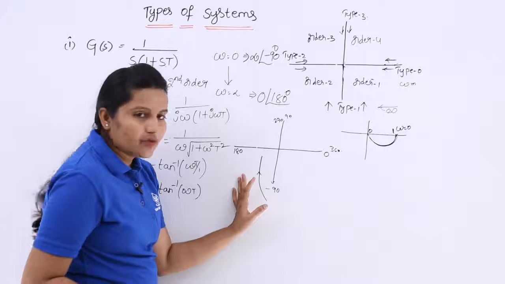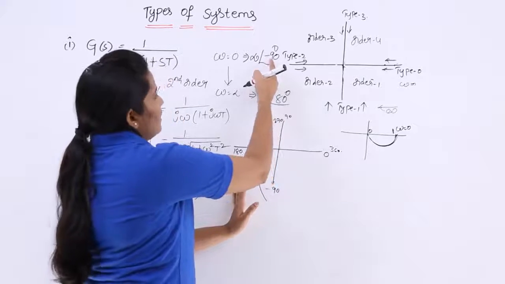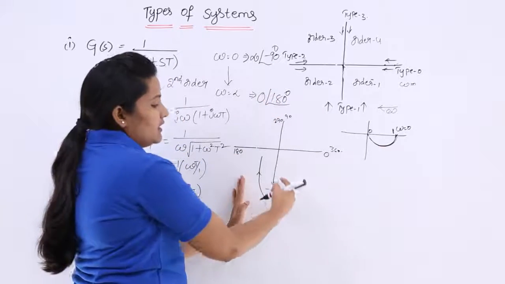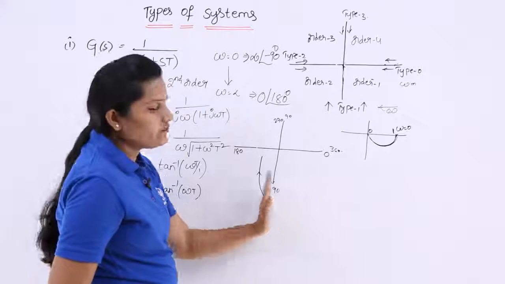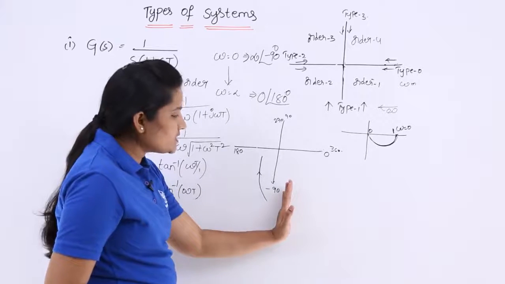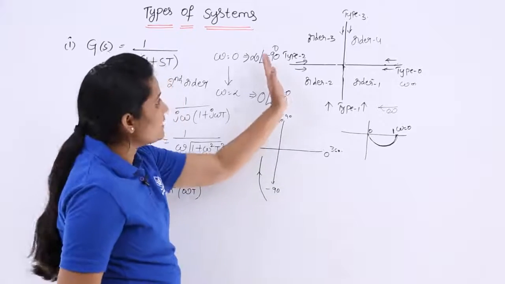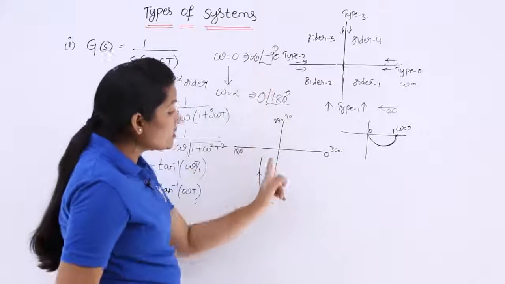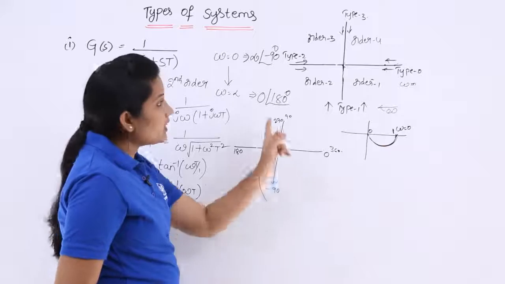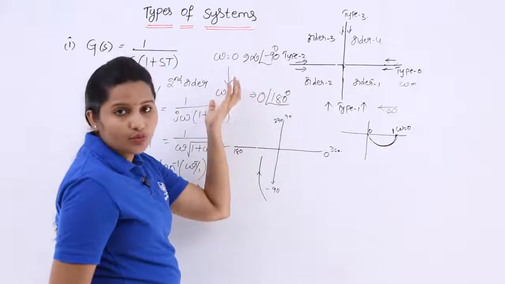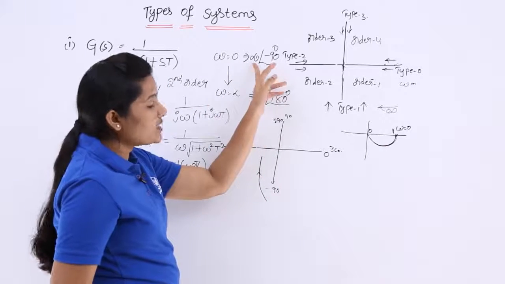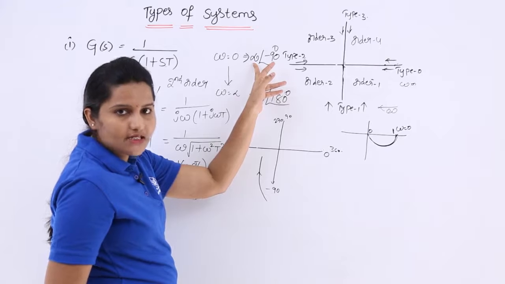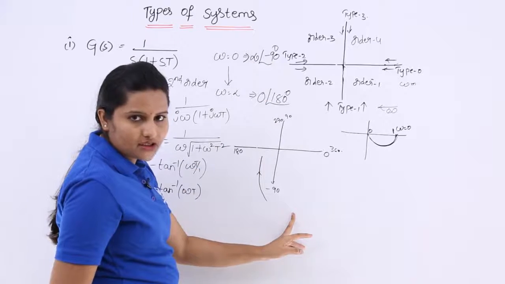But here, the type 1 system line we need to touch means minus 90 degrees, which will be on this side. But I am not touching this line because we do not know the magnitude of the transfer function there, so I am not touching it.